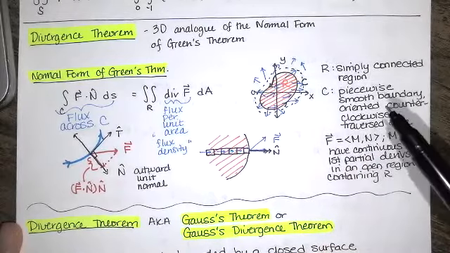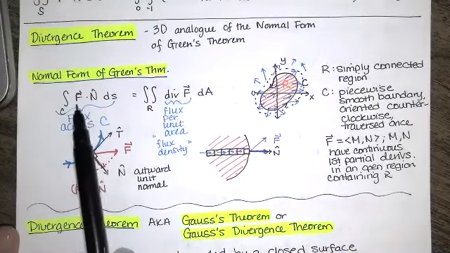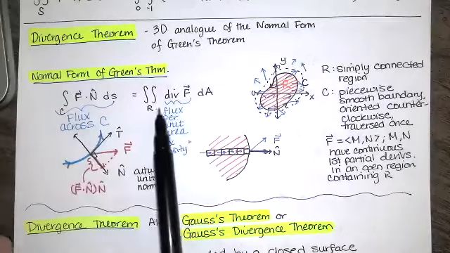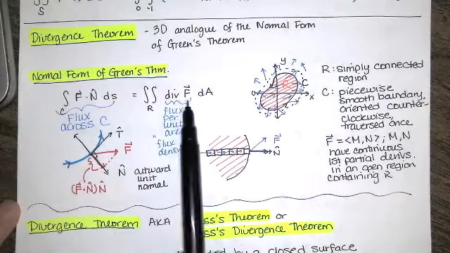If all of that is true, then this line integral over C of F dotted with the outward unit normal vector is equal to the double integral over R of the divergence of F.